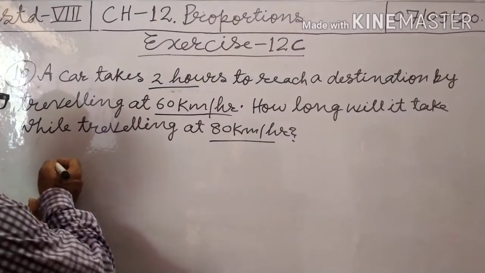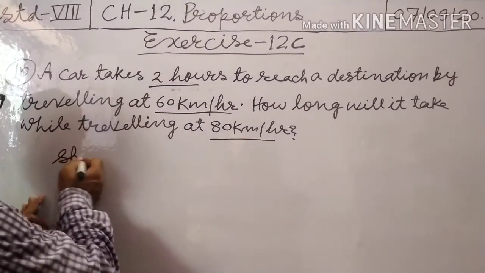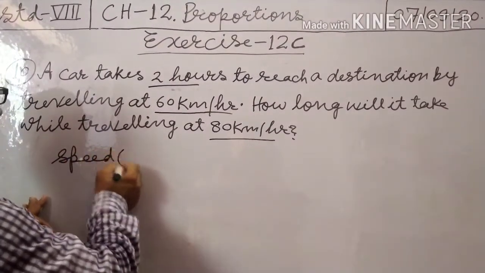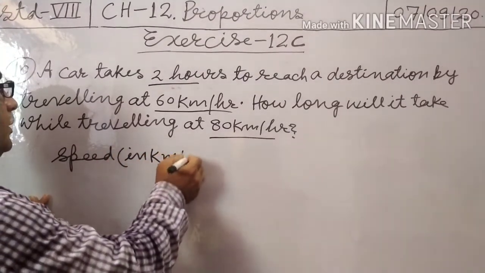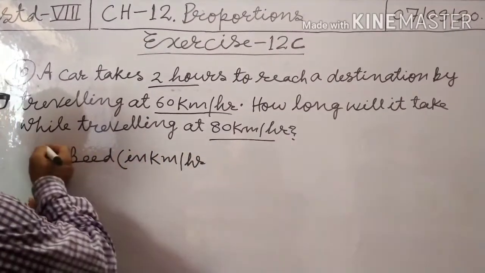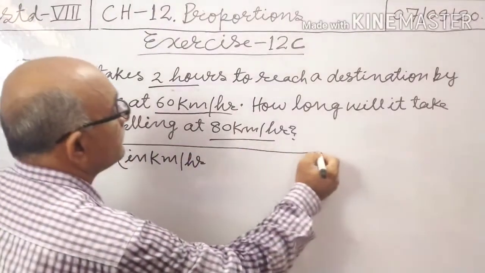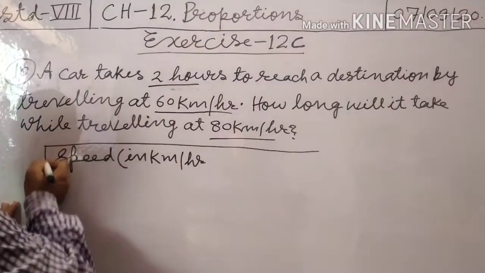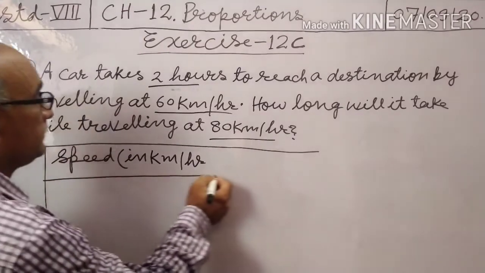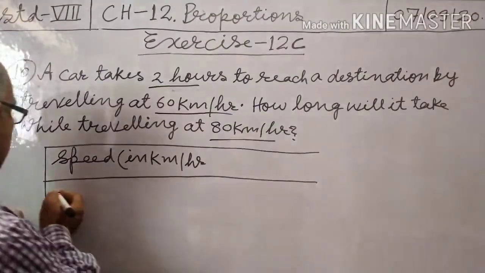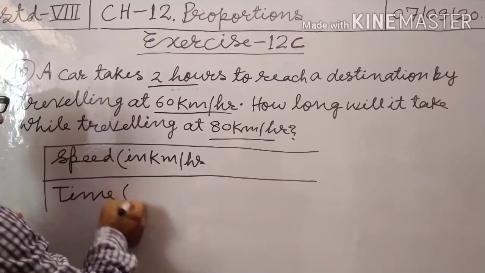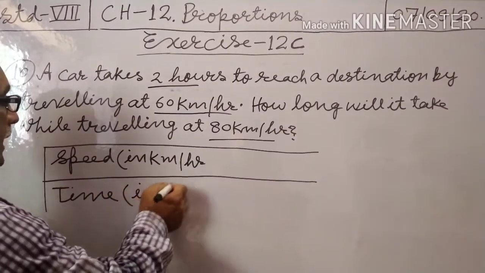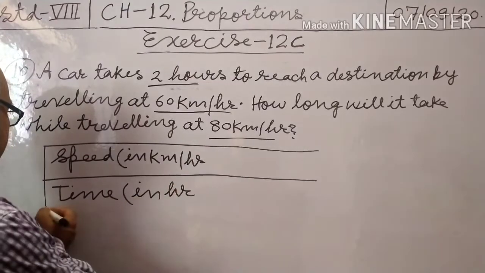Write in the first column speed in kilometer per hour, and in the second column time. Unit of time is hour.